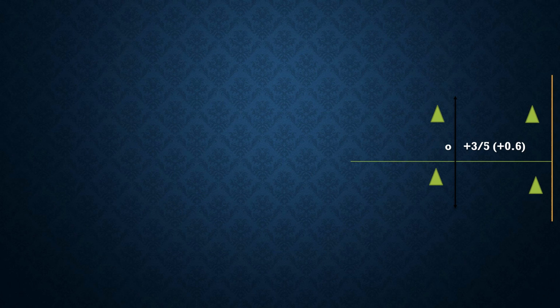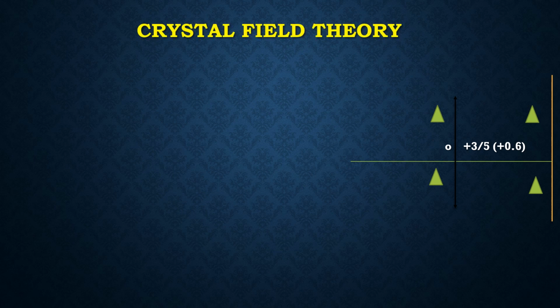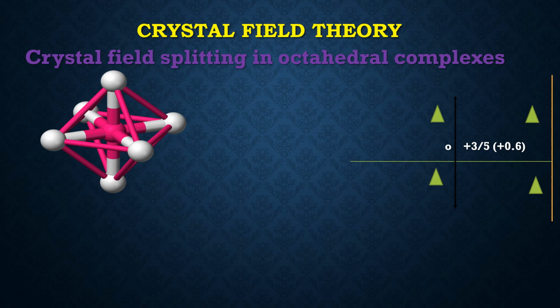Now I will show one of the splittings, the crystal field splitting of octahedral complexes. You should first understand the octahedral complex: this is the central metal atom, this is one ligand, this is one ligand, and this is one ligand. These 4 ligands are in the same plane.